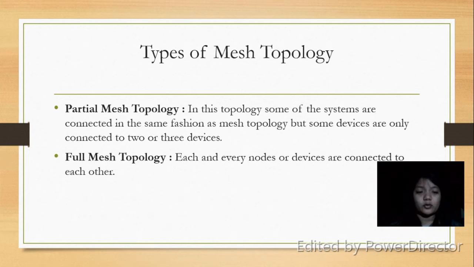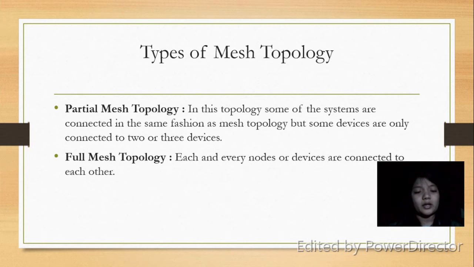Then the types of mesh topology. There are two types. The first one is partial mesh topology. In this topology, some of the systems are connected in the same fashion as mesh topology, but some devices are only connected to two or three devices. So the partial mesh is connected to two or three devices only.